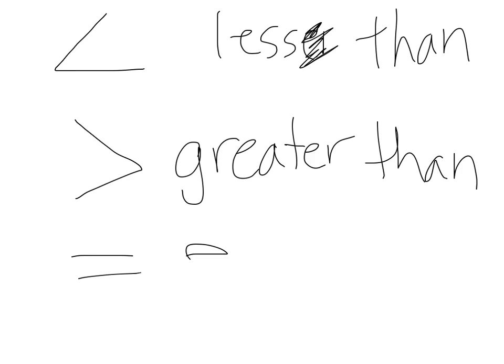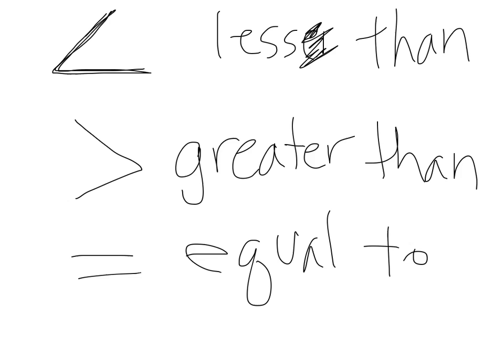And the last one is equal to. Now when you were in elementary school, they probably said the mouth eats the bigger number. And I like to say this one kind of looks like an L, so it stands for less than. We're going to use these symbols to compare two different numbers. So we will have two numbers and then we will put one of these symbols in the middle.